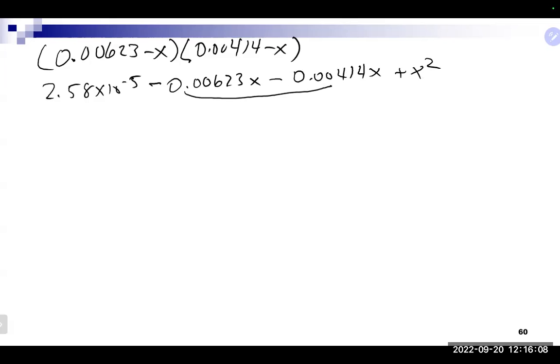Combining those two and flipping it back around the other way will get us x squared minus 0.0104x plus 2.58 times 10 to the minus 5. Any questions on that factoring there?